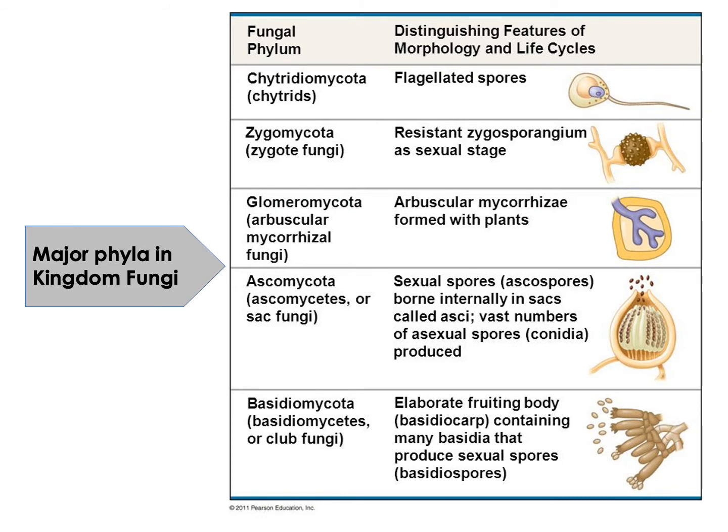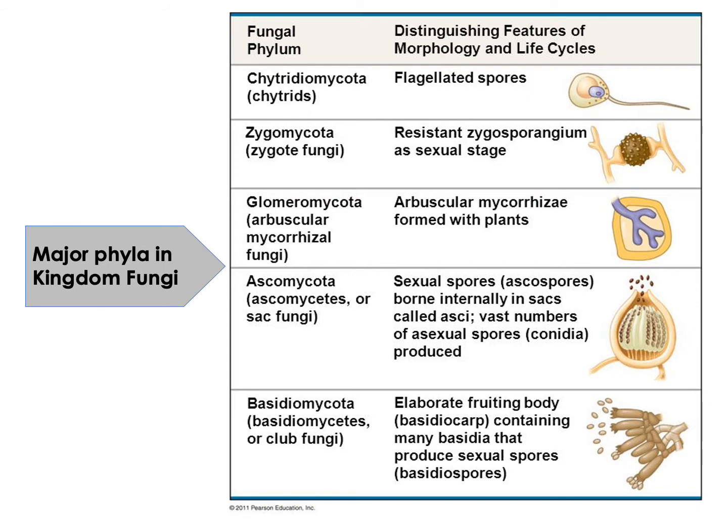The next one is Ascomycota, known as the sac fungi. They are called sac fungi because they have sexual spores, or ascospores, born internally in the sac called the asci. A vast number of asexual spores, conidia, are produced.